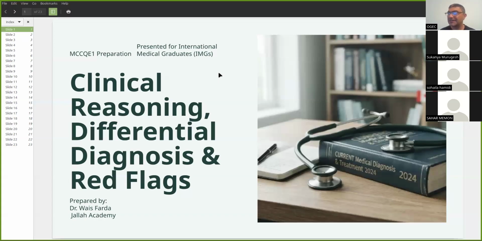They will test the ability to move from the patient's presentation, the presenting signs or symptoms, to differential diagnosis, how to prioritize the differential diagnosis, identify the red flags, and also the safest next step.